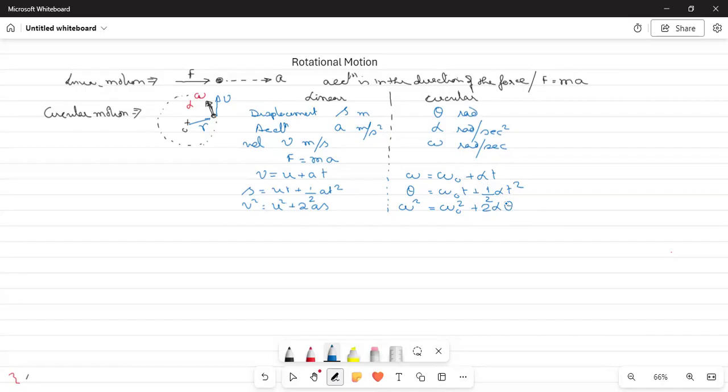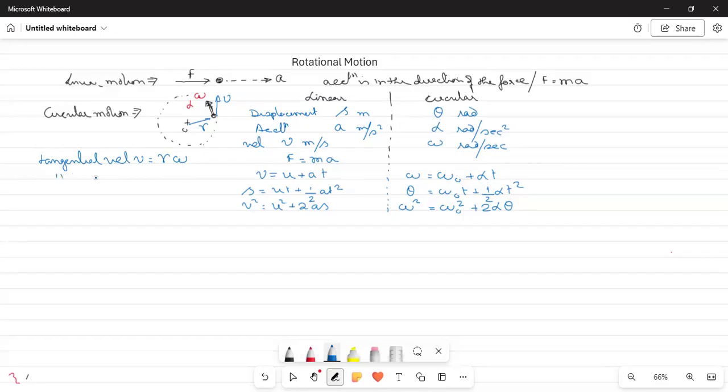Also, please recollect that tangential velocity v is equal to r into omega, the radius of the circle into the angular velocity.